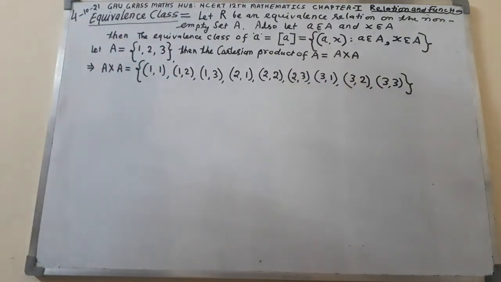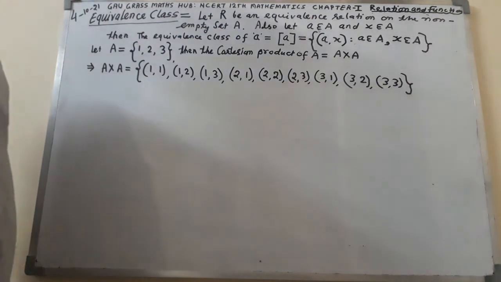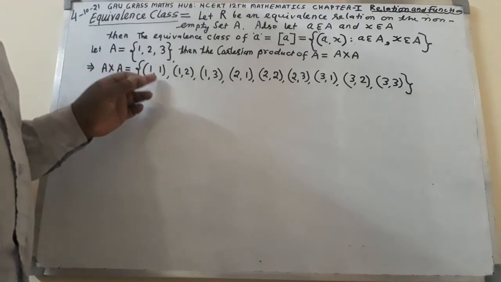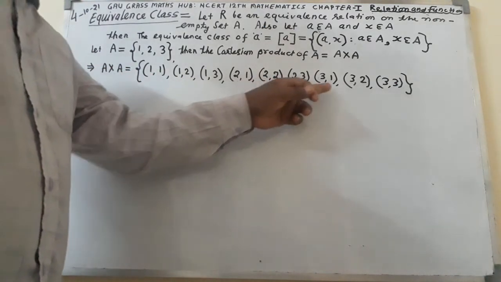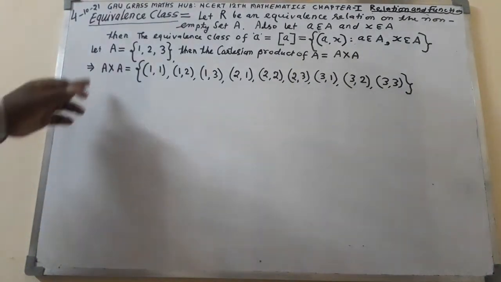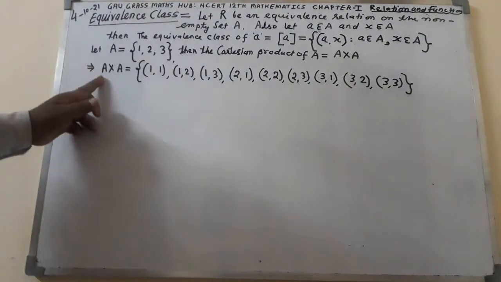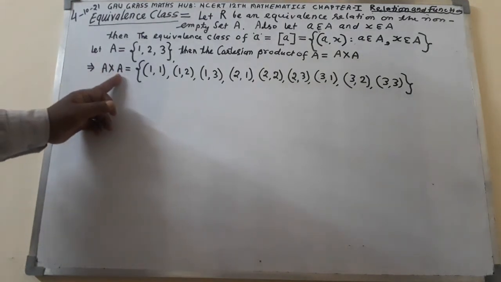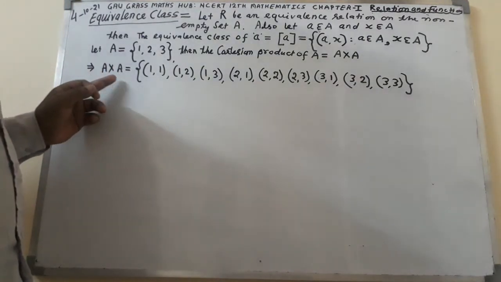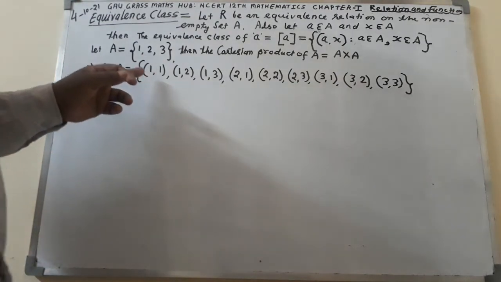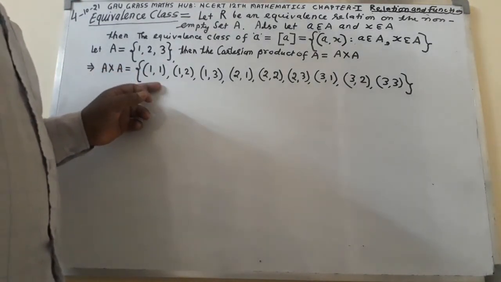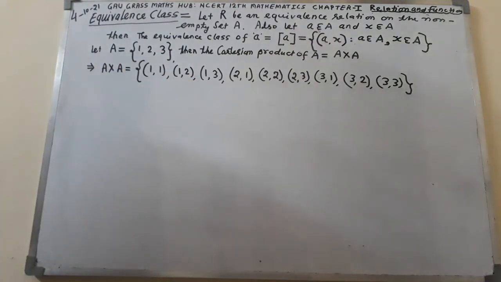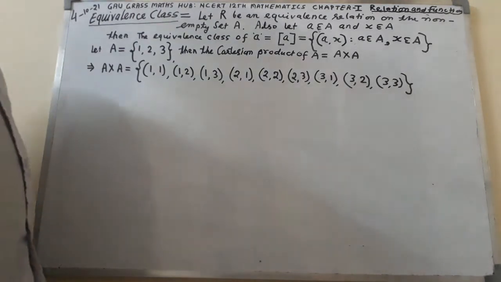How many ordered pairs are there in the Cartesian product A cross A? 1, 2, 3, 4, 5, 6, 7, 8, 9. Nine are there. The set A has 3 elements and also set A has 3 elements. So 3 times 3 is 9. That's why 9 ordered pairs are there in the Cartesian product A cross A. Now what to do next?